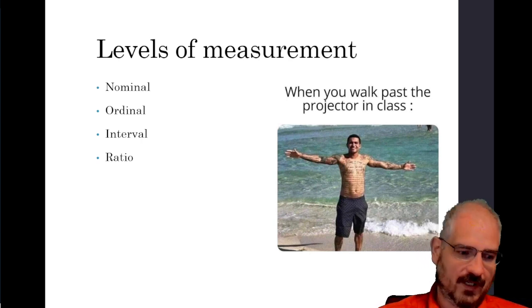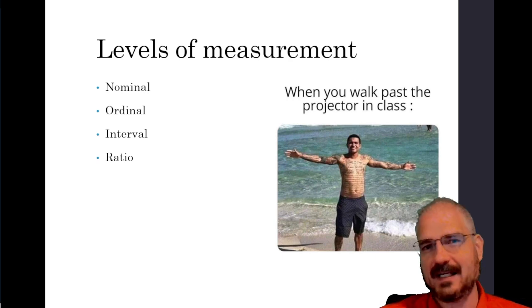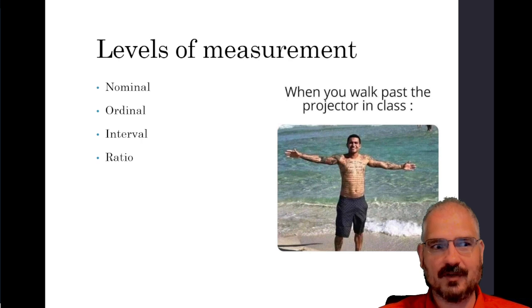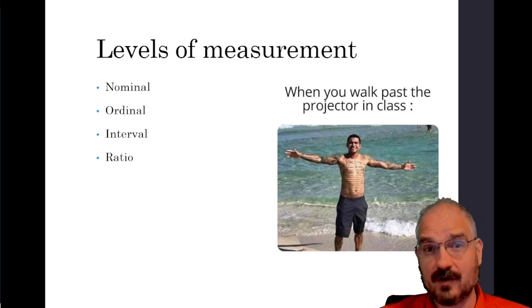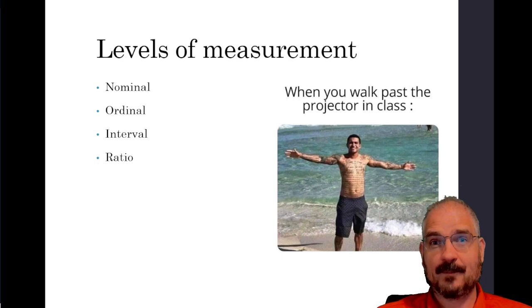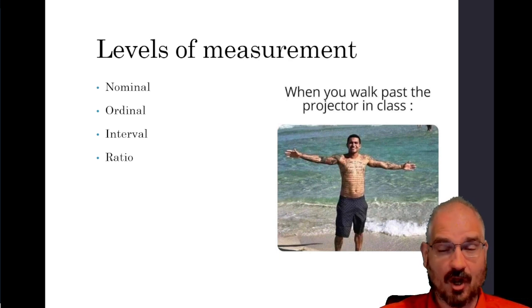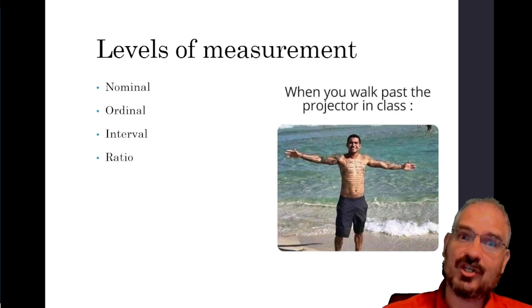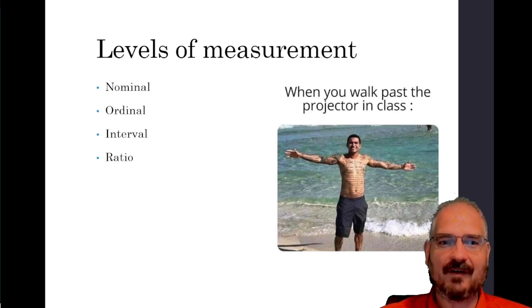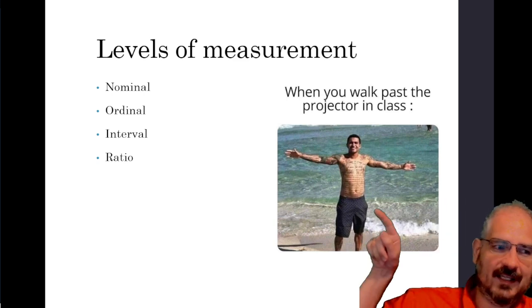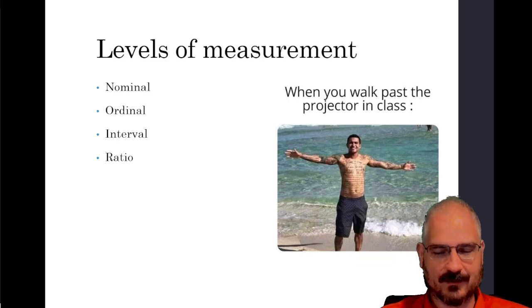So if one of your variables is how somebody did in a certain race, instead of using first place, second place, third place, which would be the ordinal level of measurement, you want to measure that as the amount of time it took for them to go from the start line to the finish line, which would be the ratio level of measurement, right? So if you have the choice, you want to use the more detailed, more advanced, lower on this list level of measurement if your concept and measure allows you to.